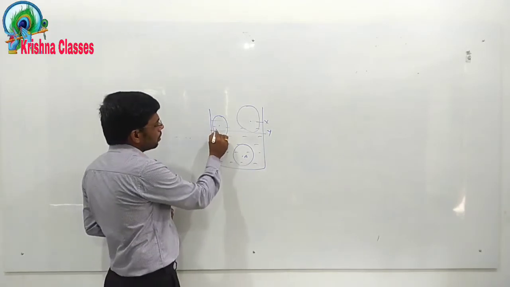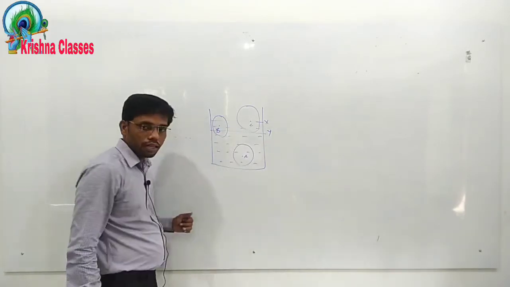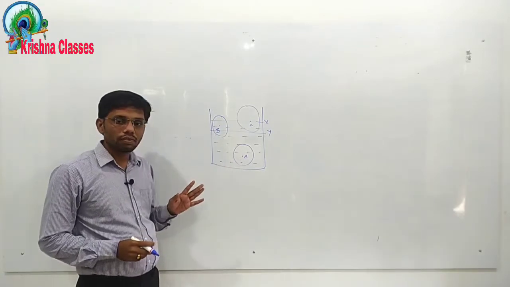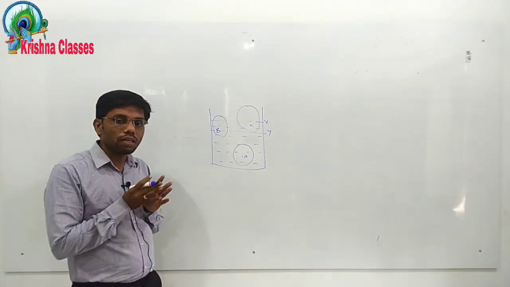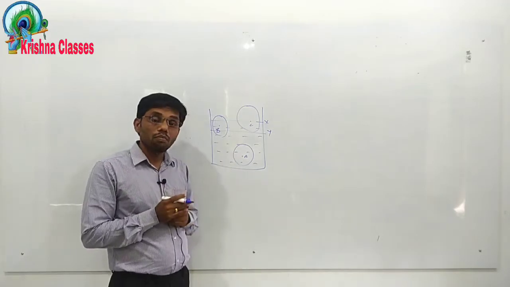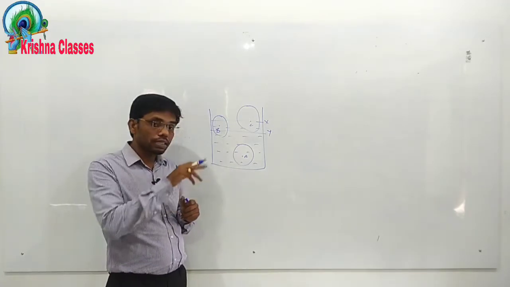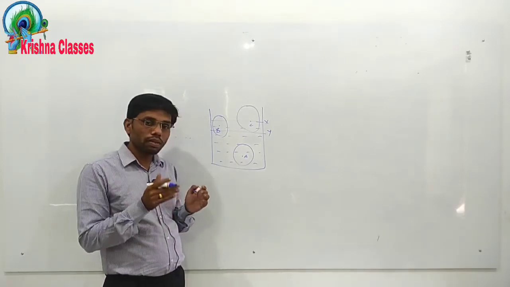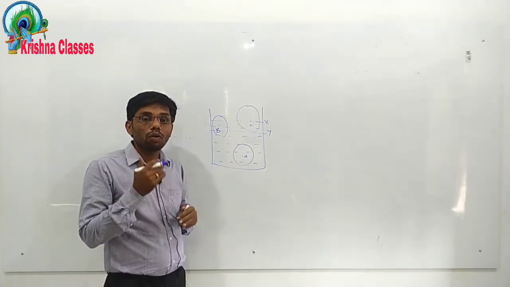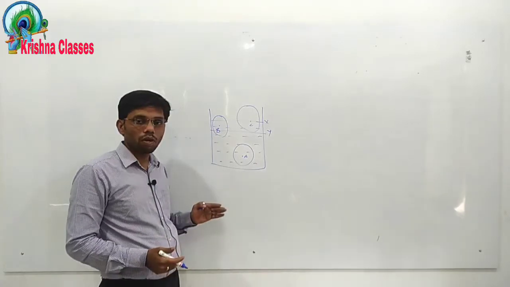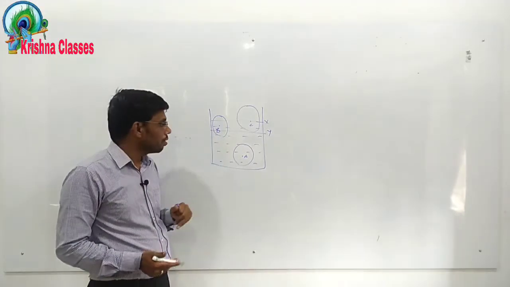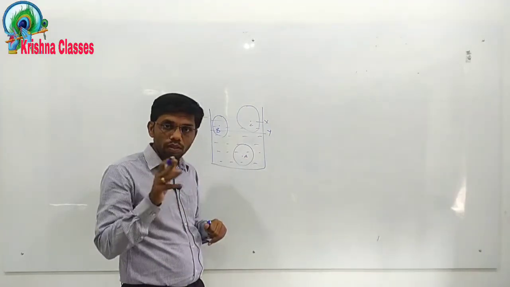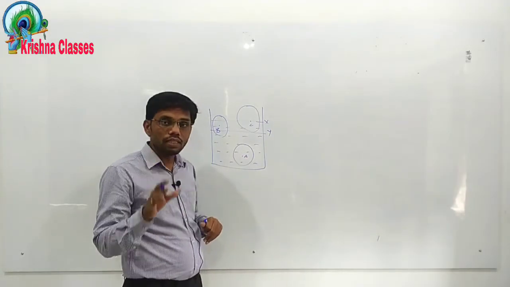Now see what happened in this case. Molecule A is completely inside the liquid, so it experiences a more cohesive force, because it is surrounded from all sides by the liquid molecules. It experiences more cohesive force compared to molecules B and C, because its whole sphere of influence lies inside the liquid.